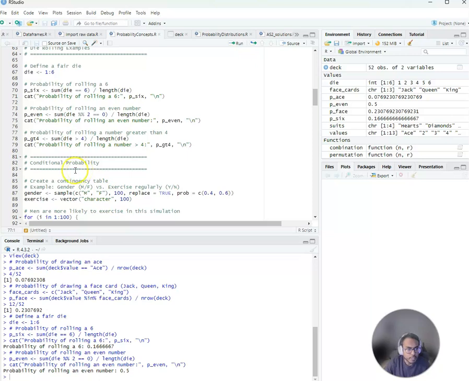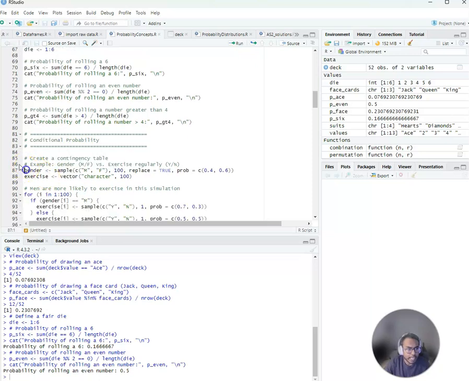So the first thing first, what line 87 does is that it takes a vector comprising of M and F, and generates 100 observations. Replacement is allowed, because remember, you have to allow replacement since you're basically dealing with two values and you have to go over 100 times. And you assign a probability with a vector 0.4 and 0.6.